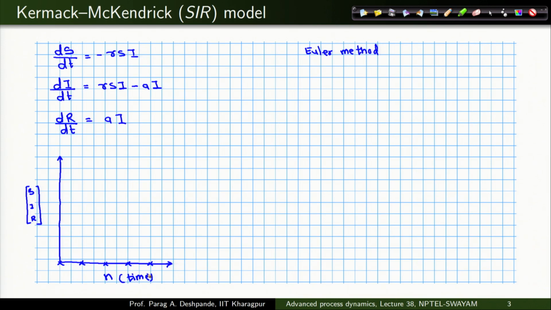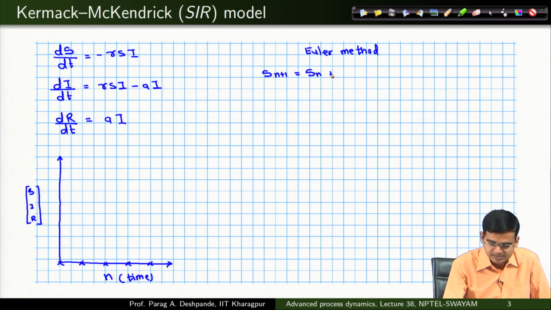So, following the Euler method, what is the algorithm? I will have S at the step n plus 1 is equal to S at the step n plus delta t, and what is delta t? This is delta t.